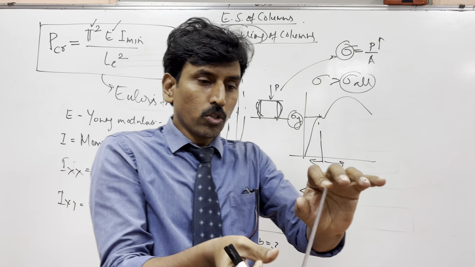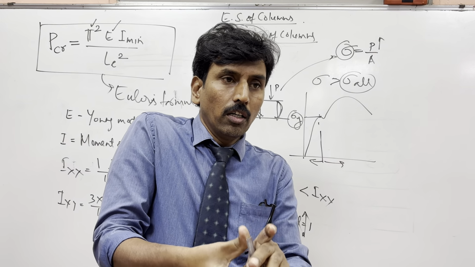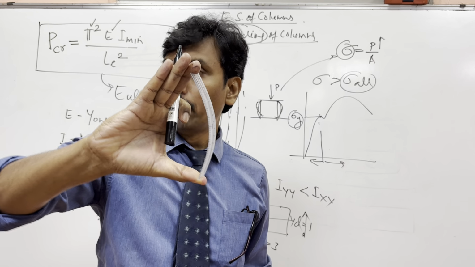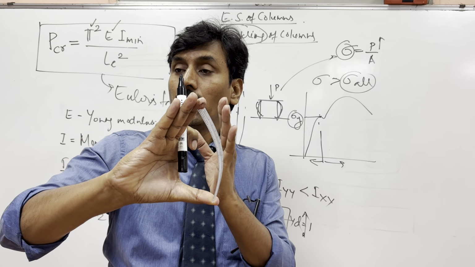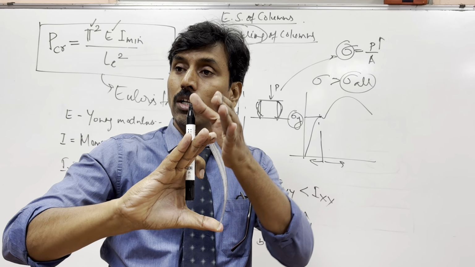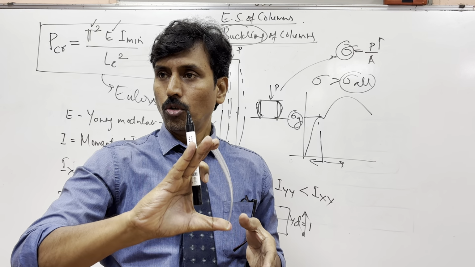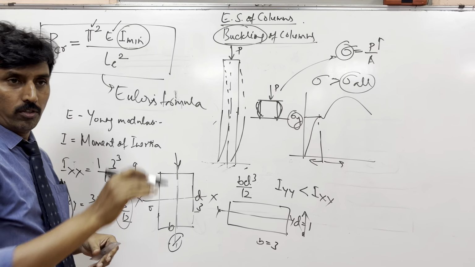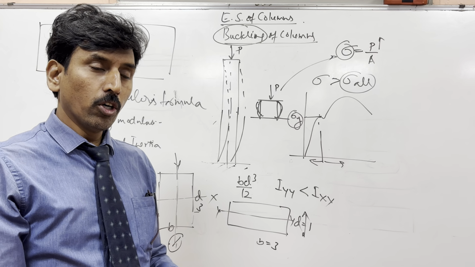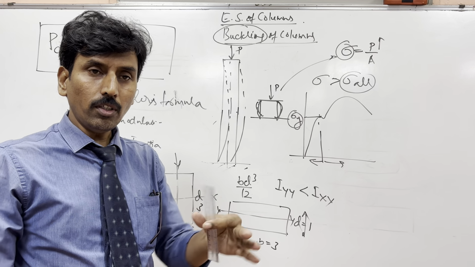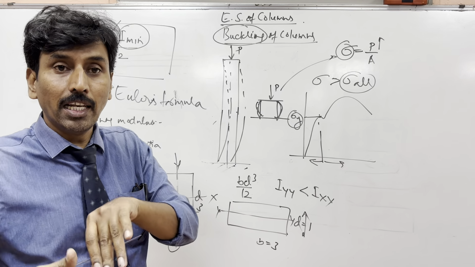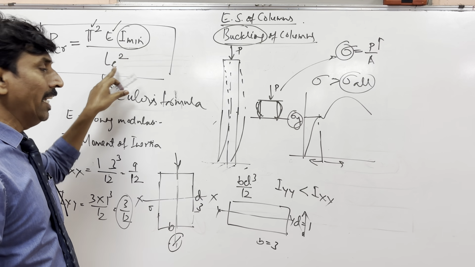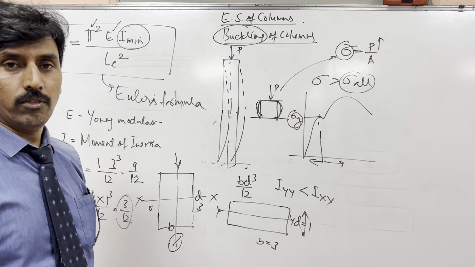Understand? Now this column is going to buckle about a section where it has the least resistance to bending. So he wants us to substitute the lower value, because when you apply load, the column will try to bend towards the least resistance. So that is I minimum, and LE is the effective length.